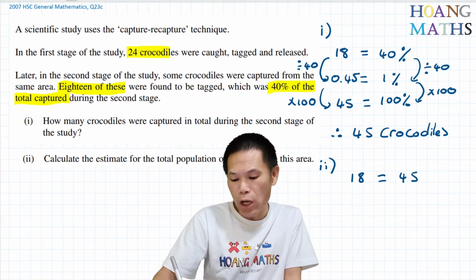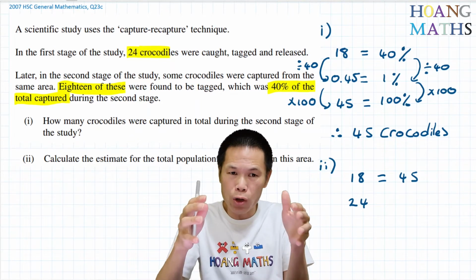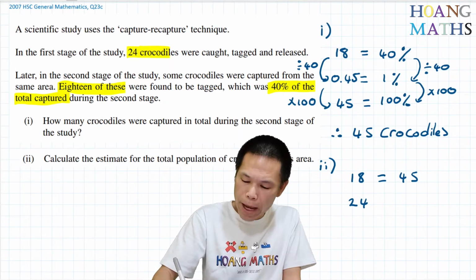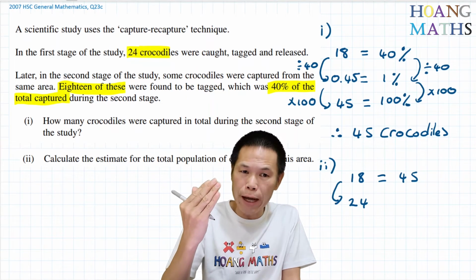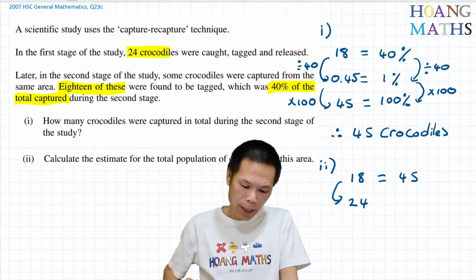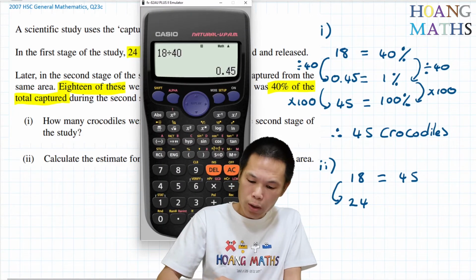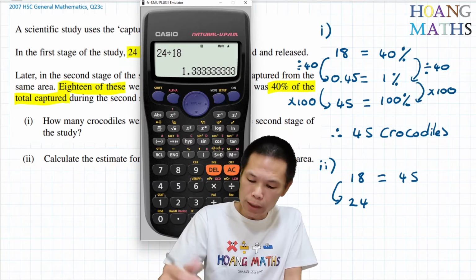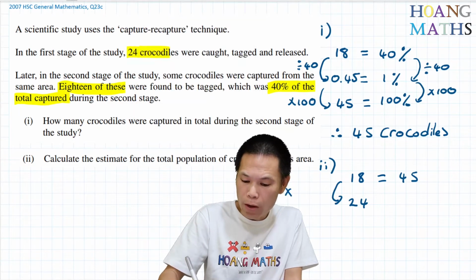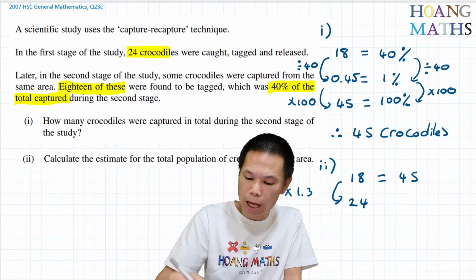If we found 24 crocodiles tagged, that means we found every crocodile in the area. So from 18 to 24, we work out a scale factor. I just put that in a calculator. 24 divided by 18 is 1.333, or 1.3 recurring if you like.